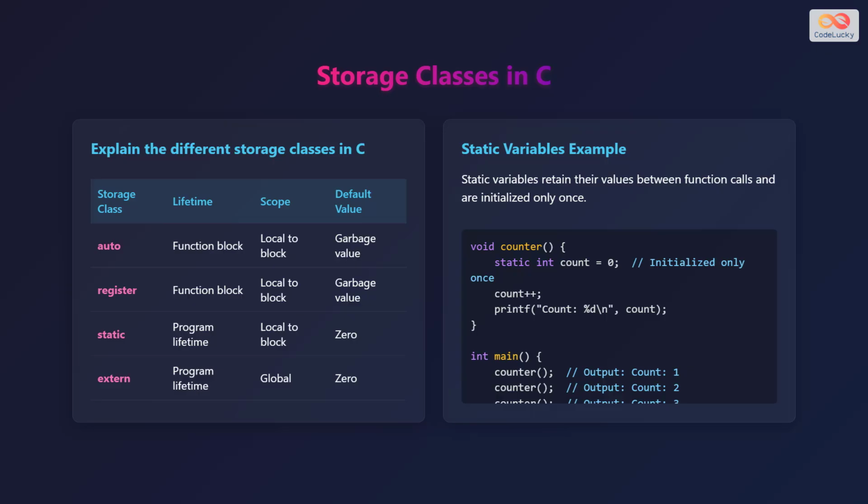Here, the counter function uses a static variable named count. The static variable is initialized only once when the function is first called. Each subsequent call to the counter function increments the count variable and prints its value. The output will show that the count variable retains its value between function calls, demonstrating the behavior of static variables.